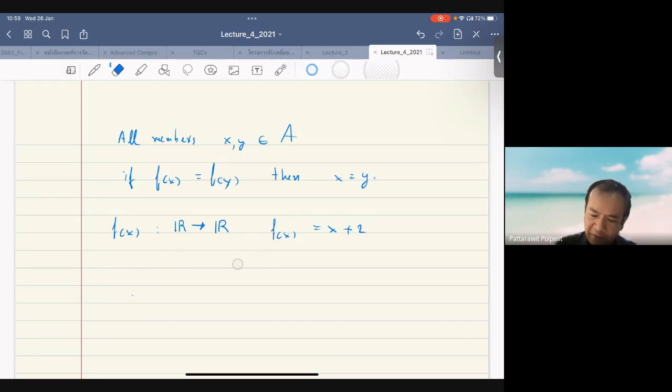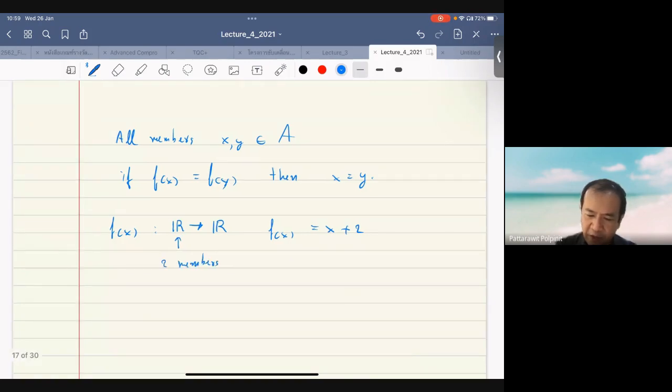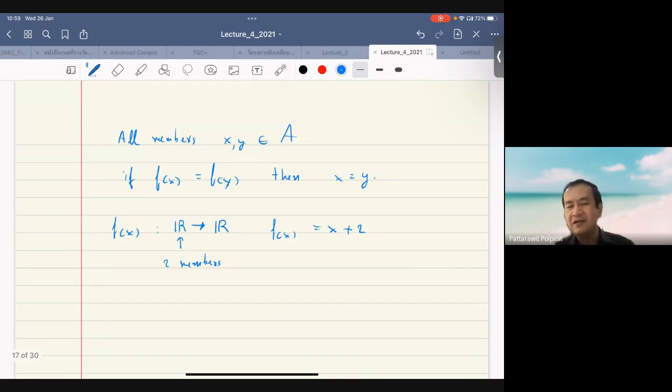So if it's a one-to-one function, here's what you're going to do. You have to imagine that there are two members from the domain, any members, because the domain is a set of real numbers, so there are infinitely many numbers in that set.